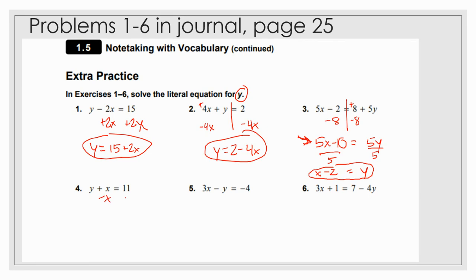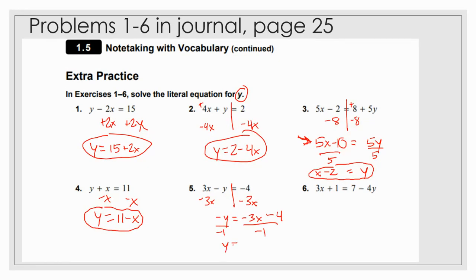Should have subtracted x and gotten y is equal to 11 minus x, or negative x plus 11. Next one, solve for y here on 5. Okay, you should have subtracted 3x from both sides since it was positive, and gotten minus y equals negative 3x plus minus 4. And now I'm going to remove this negative by dividing by a negative 1.